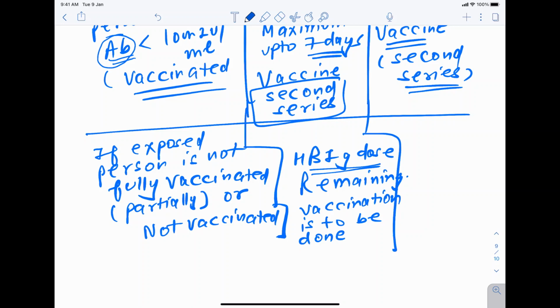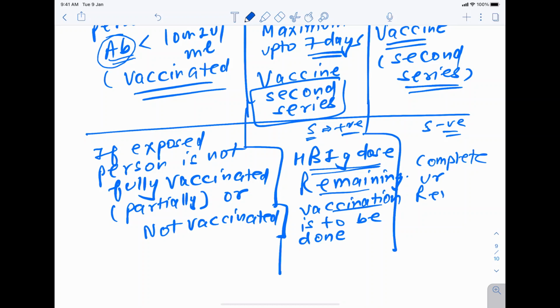So the basic purpose is that you do not restart the complete series; you just give the remaining vaccination. In this particular case, when the source is positive, and when the source is negative, in this also you have to complete your remaining vaccination.